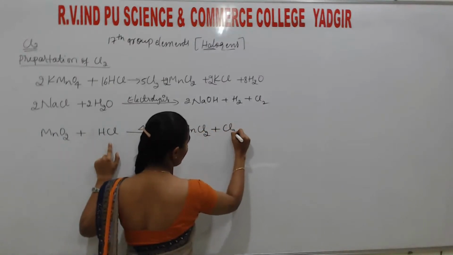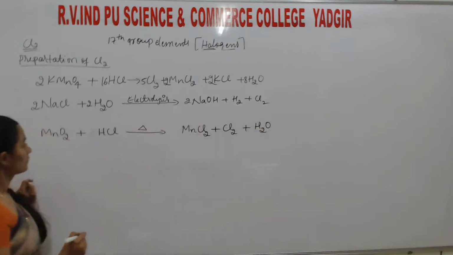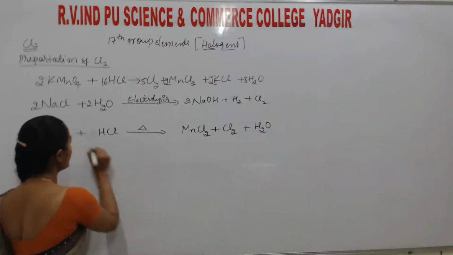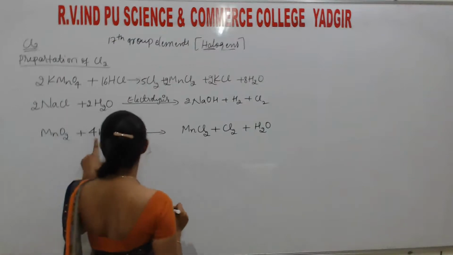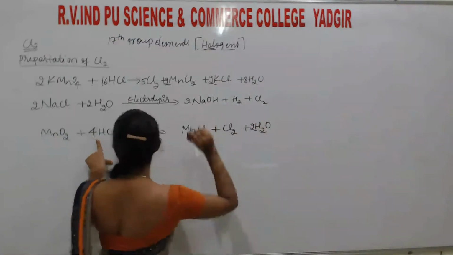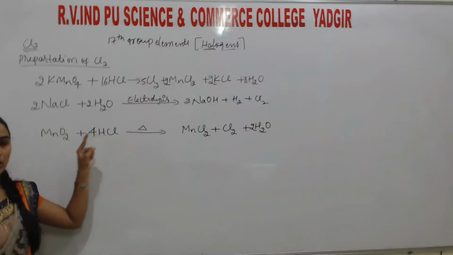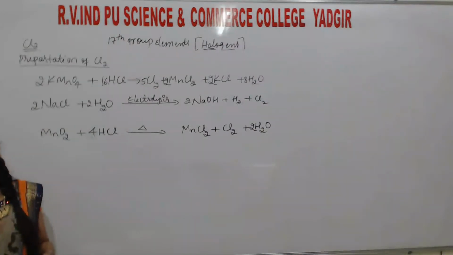Next Cl2 will form. Next H2O will form. Cl2 here 4 times is there, that is 4, and here it is 2. Yes, it is balanced. MnO2 plus 4HCl gives MnCl2 plus Cl2 plus 2H2O. This is another preparation method.